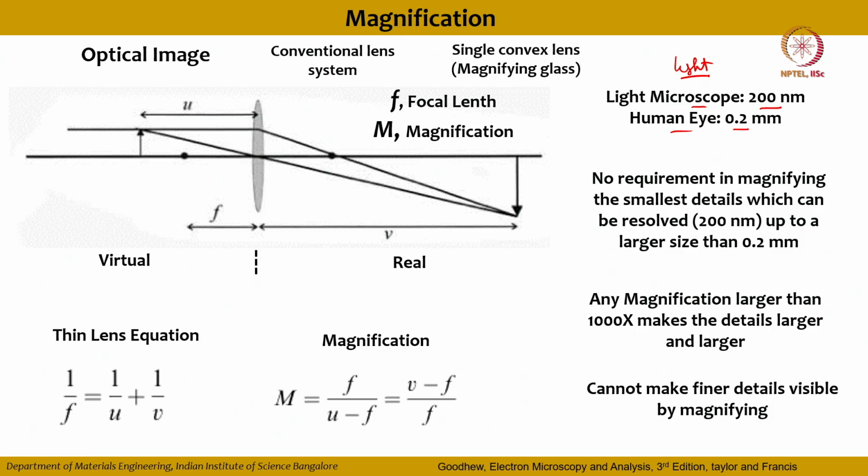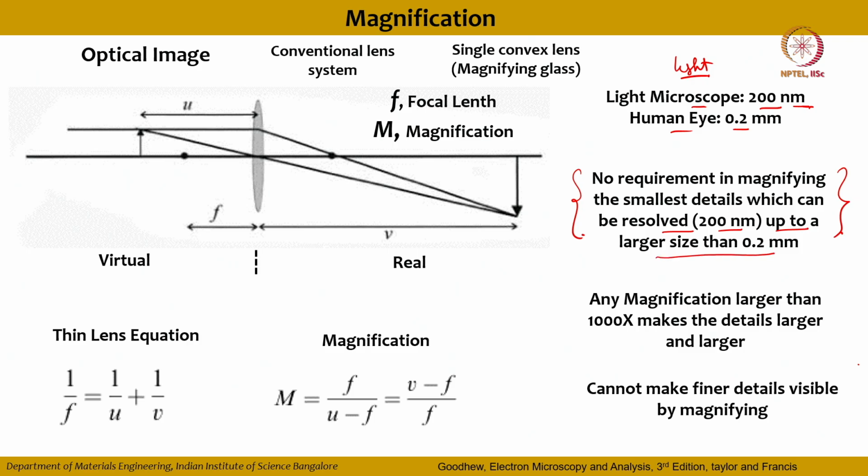Okay, so here comes another important point. There is no requirement in magnifying the smallest details, which can be resolved up to 200 nanometers, up to a large size of 0.2 mm.